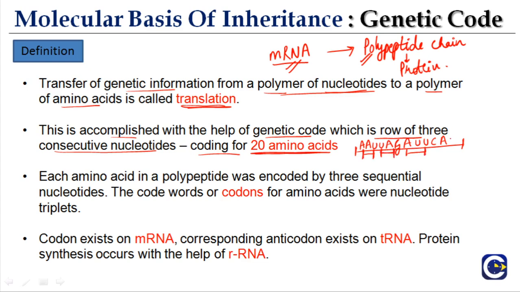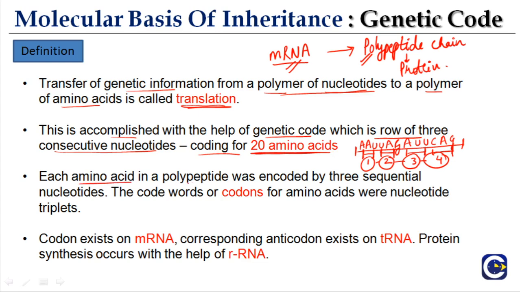This will code for the first amino acid, this the second, this the third, this the fourth. So that is governed by the genetic code. It will become much clearer now, but for this point it is important that it is a row of 3 consecutive nucleotides coding for amino acids.